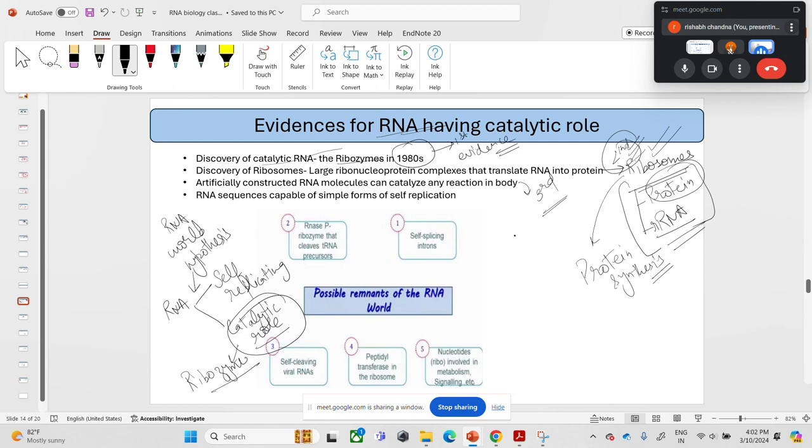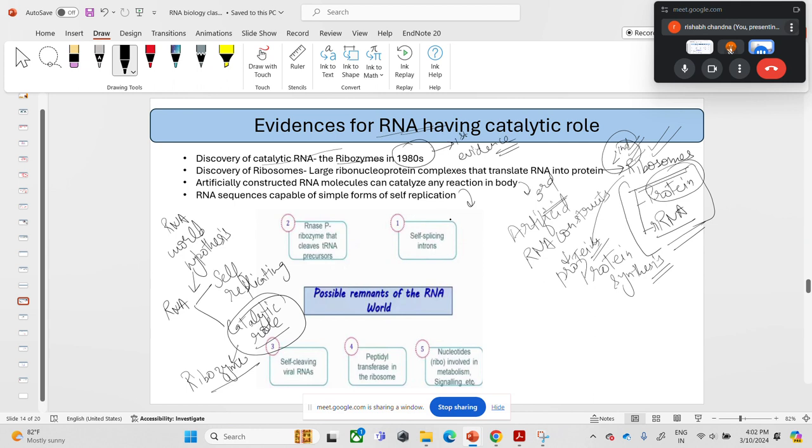Okay, so these artificial RNA constructs behaved basically like proteins. And then the last evidence came from the sequences of RNA that are capable of a simple form of self replication.